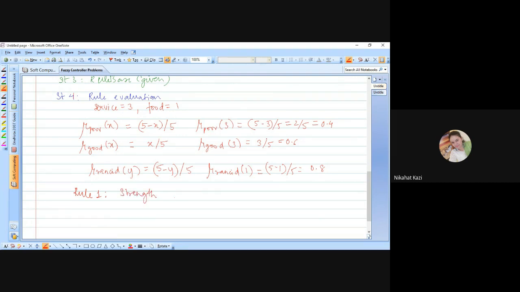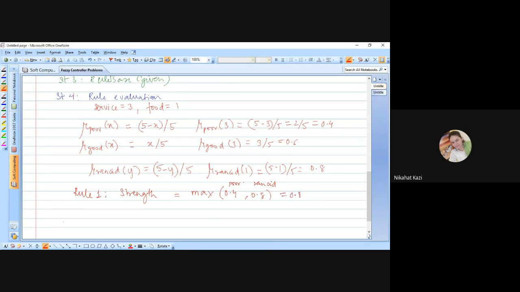Strength of rule 1 is nothing but max of which two? Service is poor or food is rancid. 0.4, 0.8. I'm just writing for reference. So 0.4 and 0.8. That is nothing but 0.8.